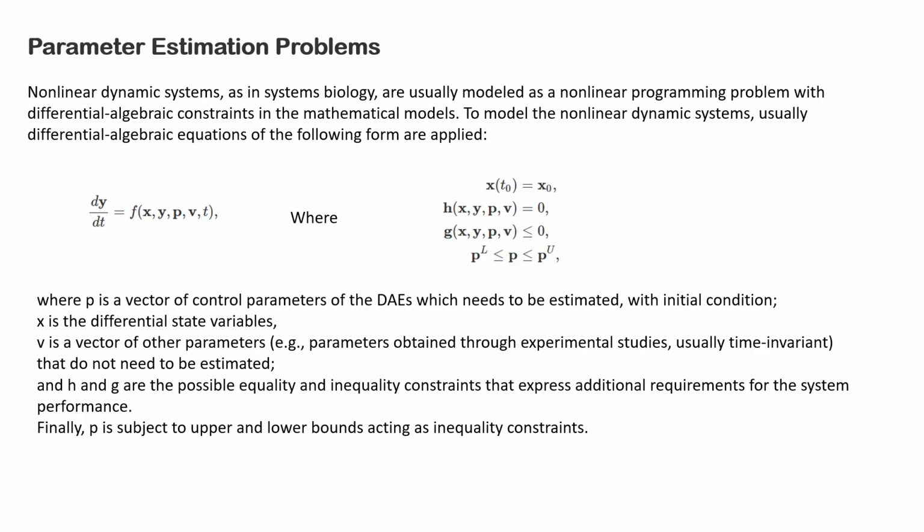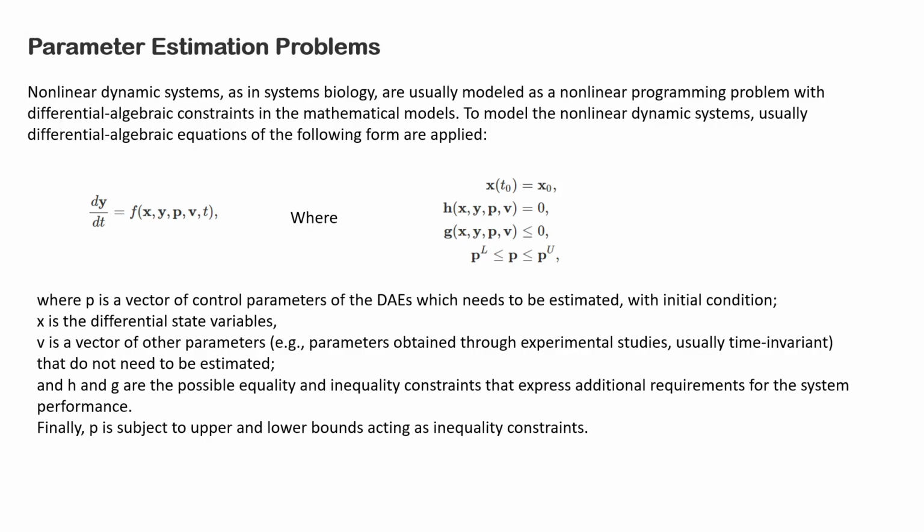And also there will be possible equality and inequality constraints like H and G. So you can have constraints to the equations at particular points, saying at this point the value will be zero, or at this point the value will be this much, or below this point the values should be negative. These kinds of constraints will be there.